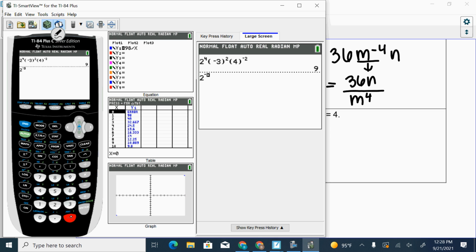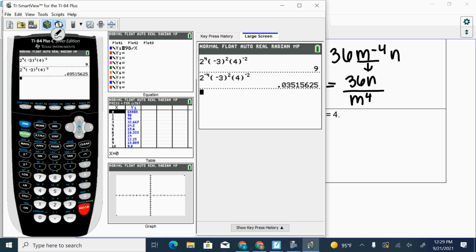Didn't take it. Negative 4, parentheses, negative 3. Again, it didn't take the 3. Squared, times 4 to the negative. There it goes. Okay. Finally.